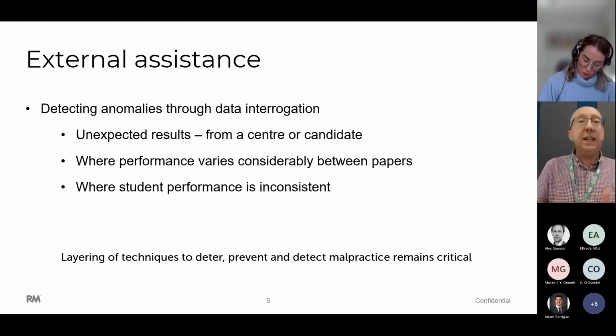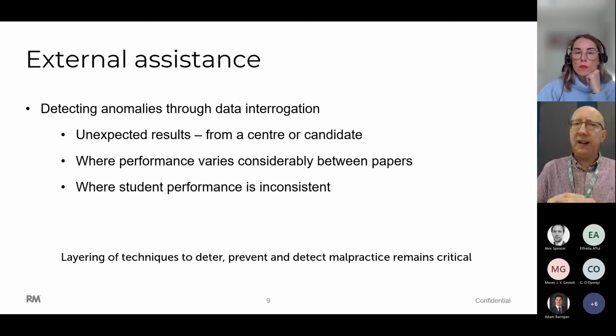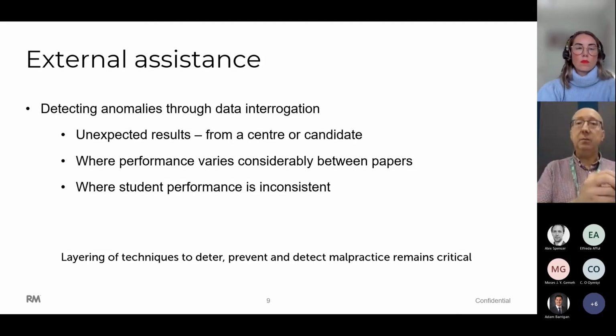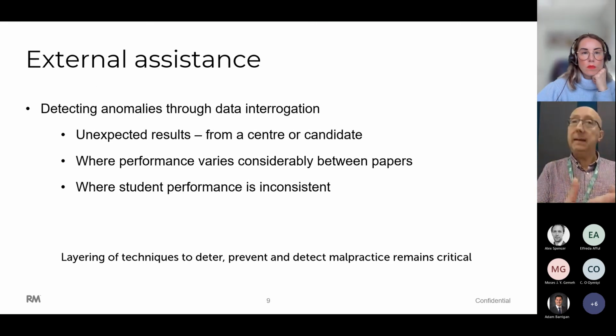If a student didn't perform particularly well in their school life but had fantastic exam results, is there something worth checking? If a whole cohort of students performed well in an exam but their general class performance wasn't great, could there be malpractice going on? Definitely not a certainty. But our experience is that layering on different checks to deter, to prevent, to detect malpractice continues to give us the best opportunity of identifying where there are issues at play that are worth checking.